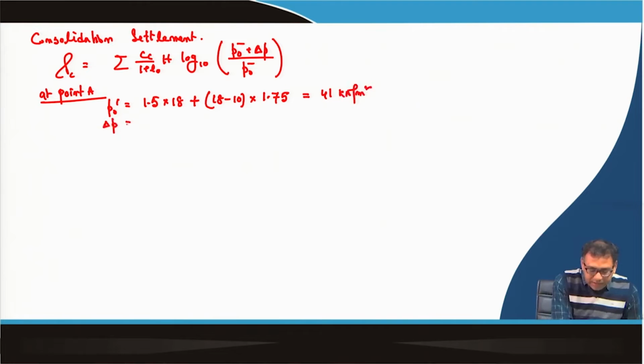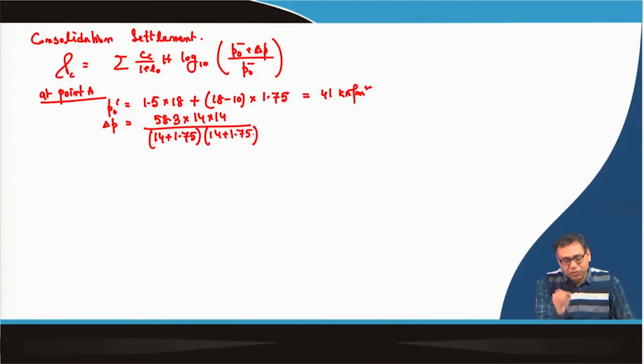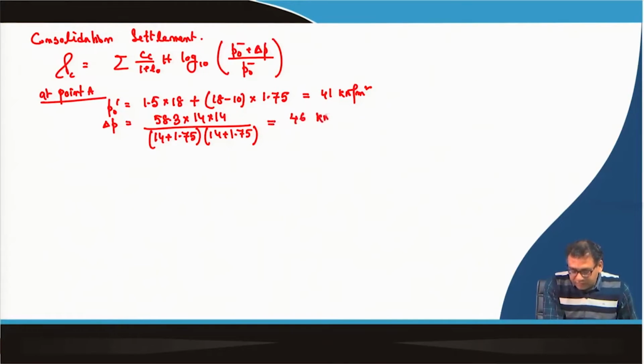So, del P I have taken 1:2 distribution. So, del P is 58.3 into 14 into 14, divided by 14 plus 1.75, times 14 plus 1.75, because we have taken 1:2 distribution. So, this is 46 kilonewton per meter square.